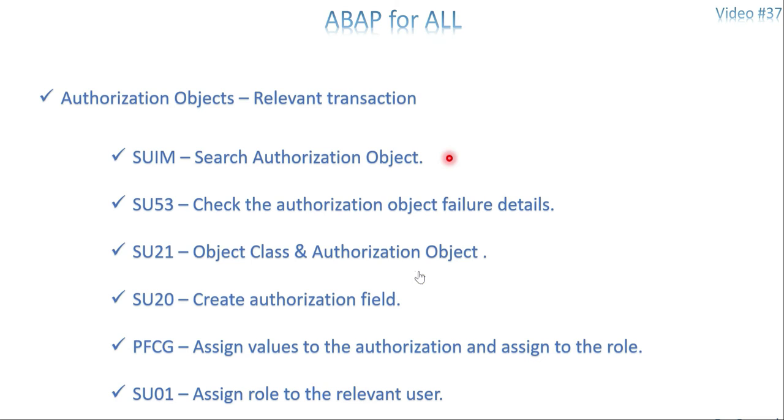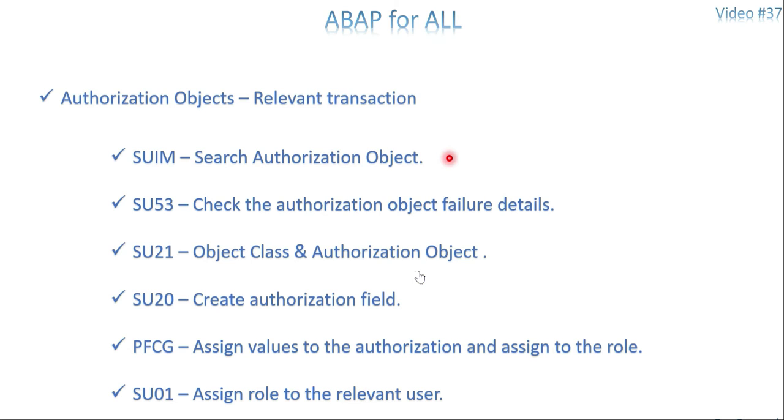Normally Basis people will ask, if you say you don't have authorization, for a screenshot of the SU53 transaction. That is a transaction where it displays very clearly what the authorization object is, what the field on it is, and what the value is. Then they will assign it. For this user, this authorization object and value is not assigned, so they can't directly assign it.